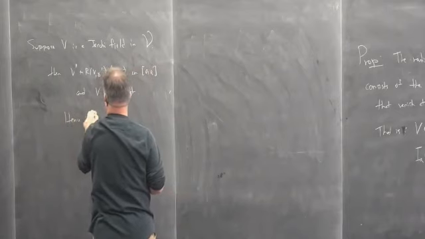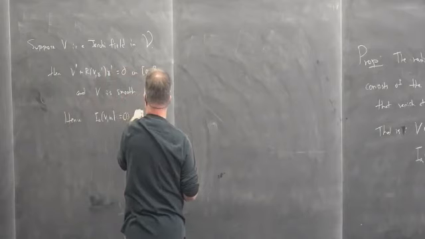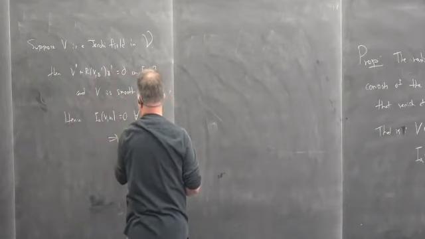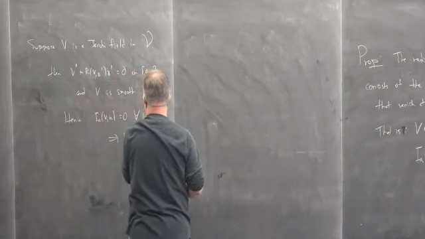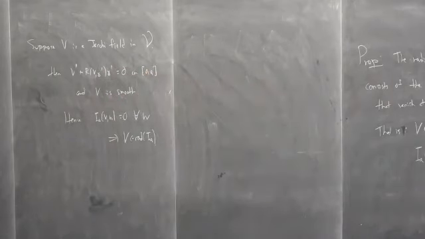Hence, IA of V, W is 0 for all W, so V is in the radical of IA. You see, this guy is 0. So this whole thing vanishes and there's no jumps in the derivative.